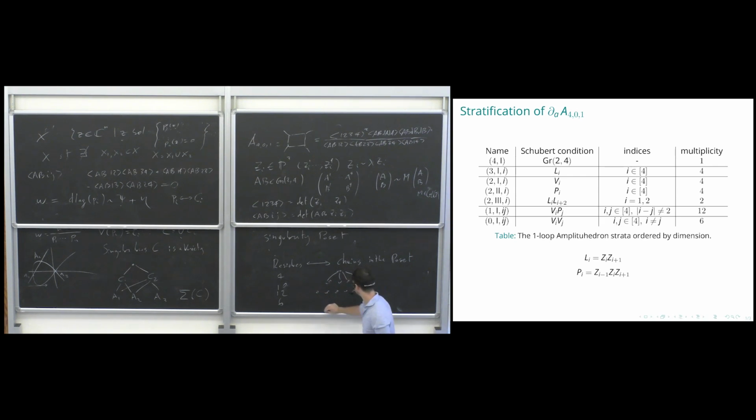This is codimension 1, this is codimension 2, this is codimension 3, and this is codimension 4, where these varieties are points. This space is 4-dimensional, x, y, w, z, right?